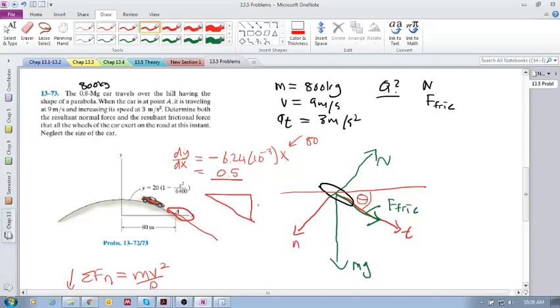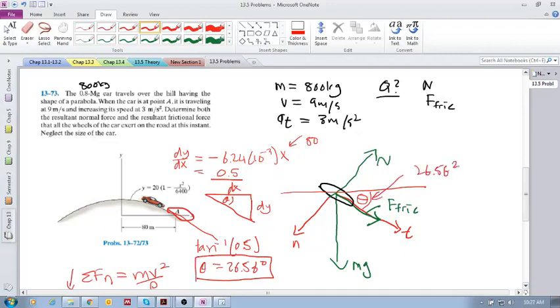That's my dy, that's my dx, and the slope is 0.5. To find this angle, we go tan^-1 of 0.5. Remember, tan is opposite over adjacent, and theta is 26.56 degrees.